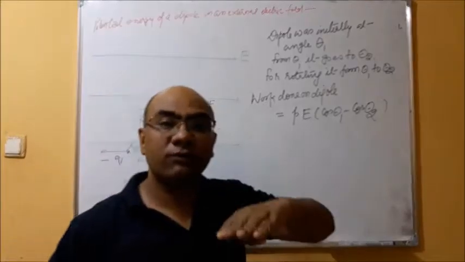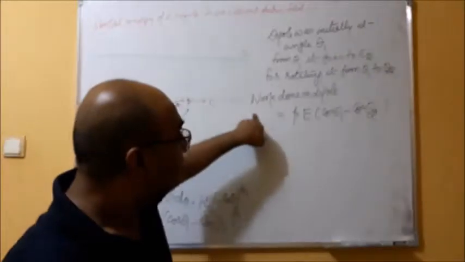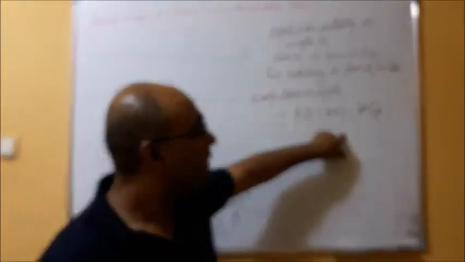So in bringing it from theta 1 to theta 2, we have to do some work, and this work done on the dipole is given by the formula that we have already derived here, right?